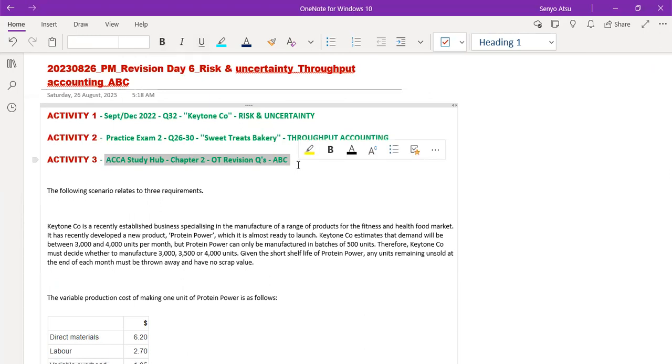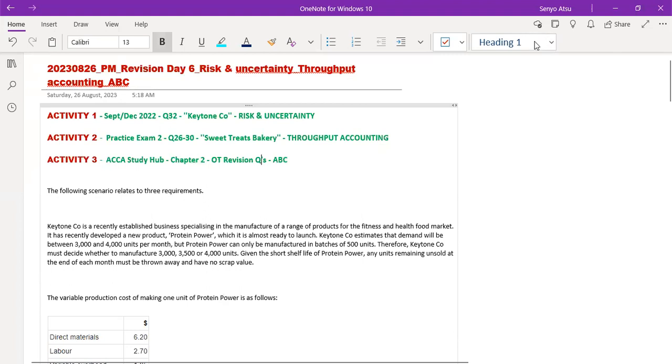Life cycle, target costing, environmental management accounting, in my estimation, they are quite smaller. But throughput accounting and ABC are quite bigger. So let's look at questions on ABC when we come back. And then probably that will be the last round of 14 minutes for the morning. We'll discuss what I want to do with you next week. All right, so let's pause it here and we return immediately, friends.